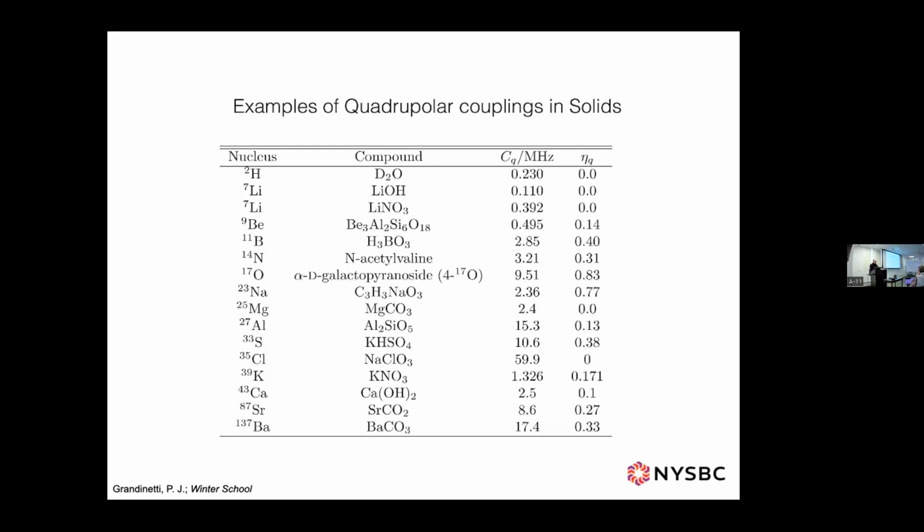So like deuterium for H2O, with 230 kilohertz CQ. Here you can see N14, which is the other spin one. It has an order of magnitude larger quadrupolar coupling, which means an order of magnitude broader spectrum.